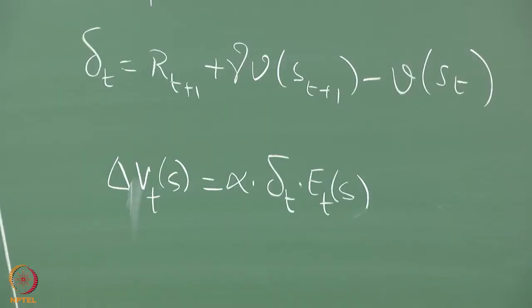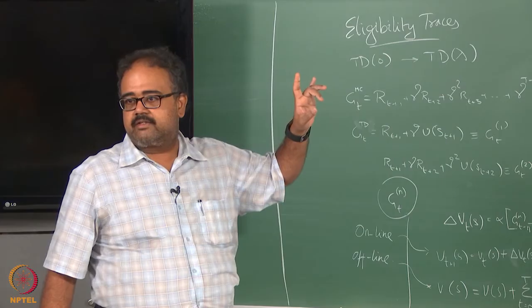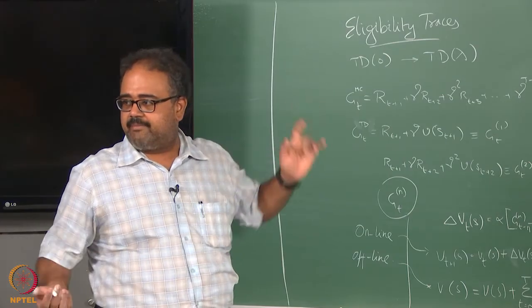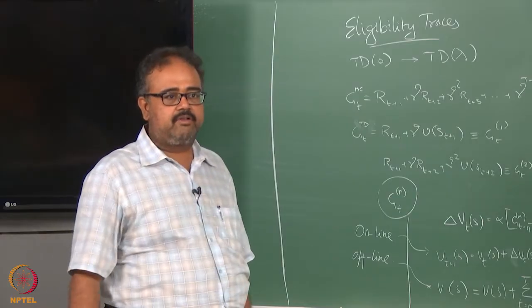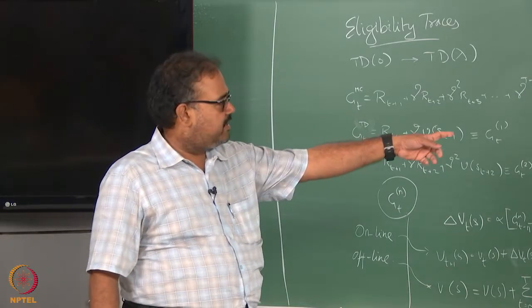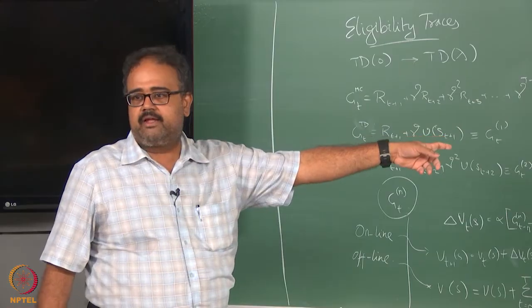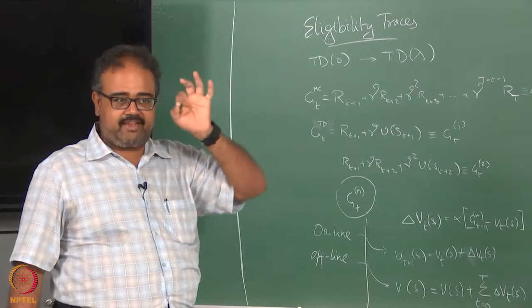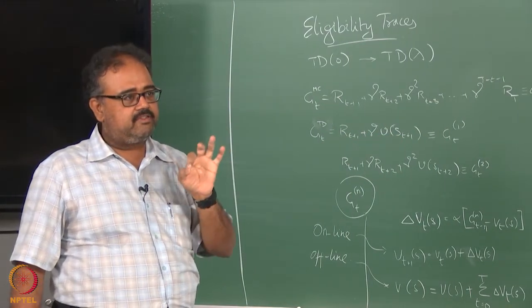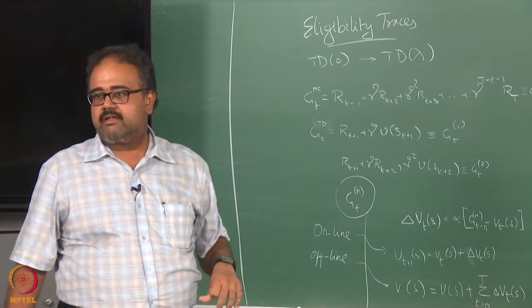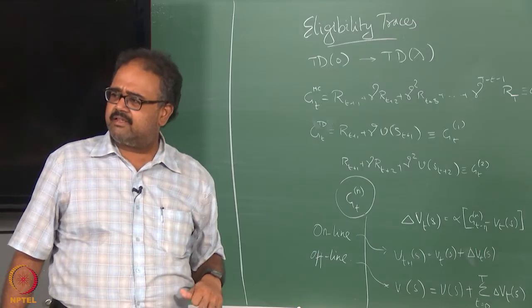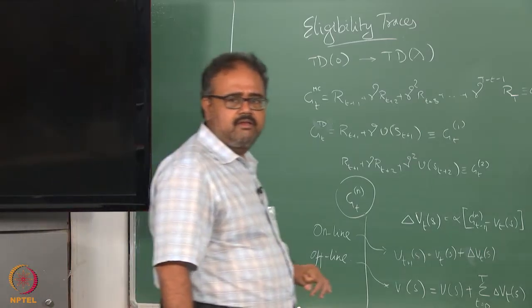Notice that the delta t is only time indexed, it is not state indexed. At time t, based on whatever is the current state, whatever is the next state and whatever is the reward, I will compute the delta t and use that same delta t for changing the values of all the states. Why does it make sense?